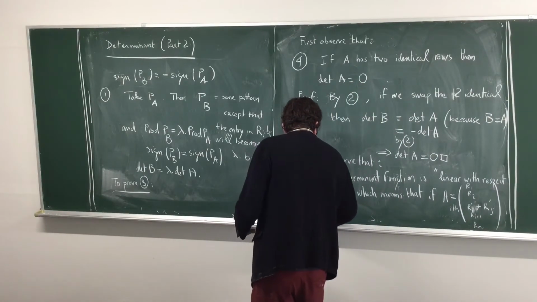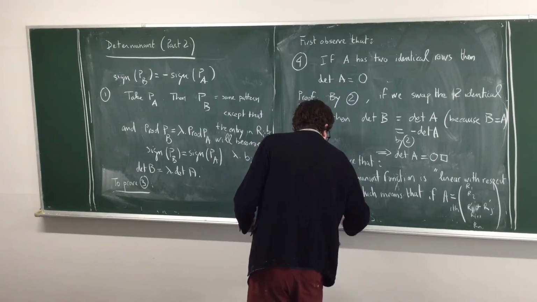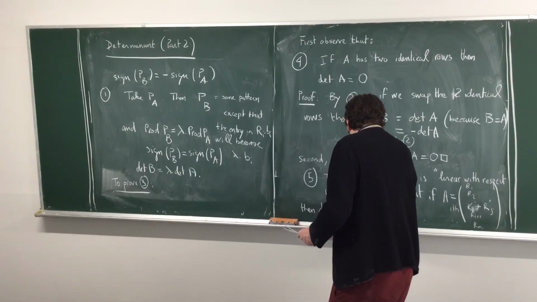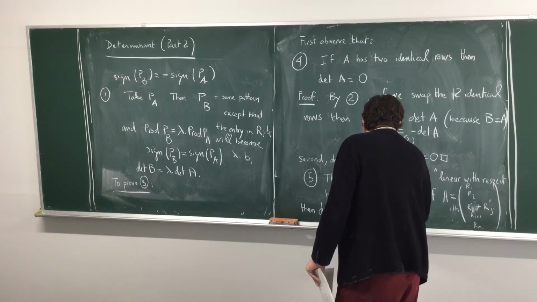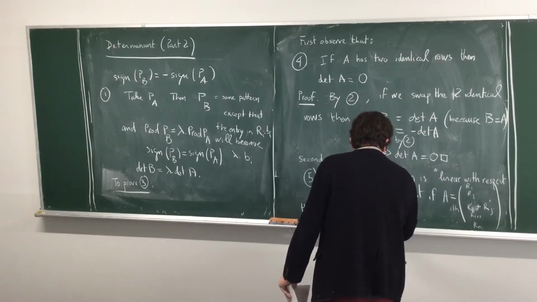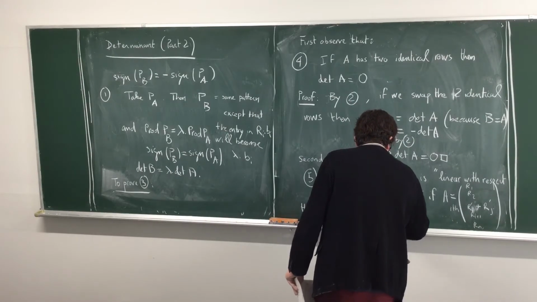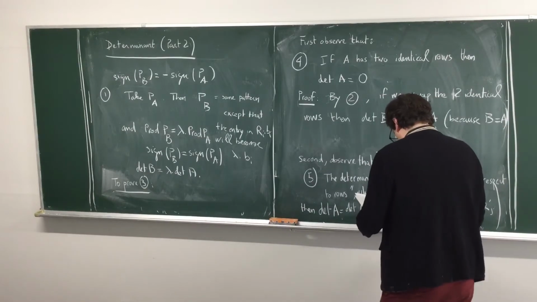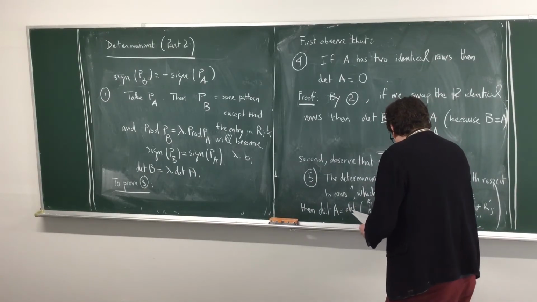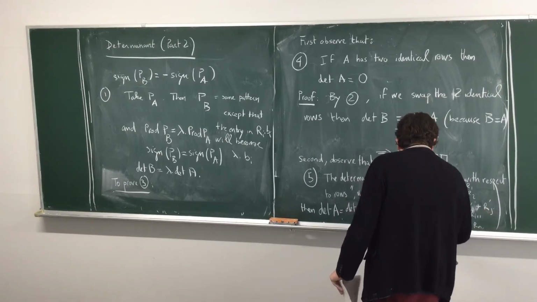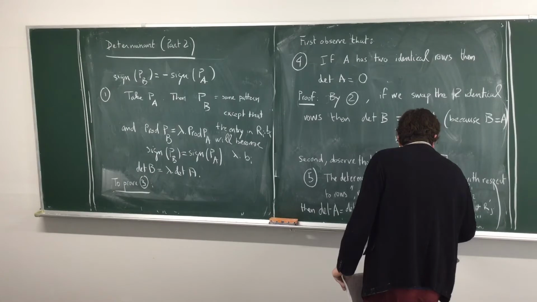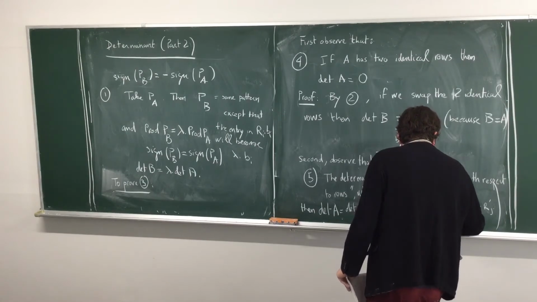Then the determinant of A will be actually the determinant of first the matrix obtained by row 1, row i minus 1, and then I take row prime i here, and then all the other lines, row n, and finally plus the determinant of row 1, row i minus 1, and then I take the other one, row prime j, and I finish the same by row n.